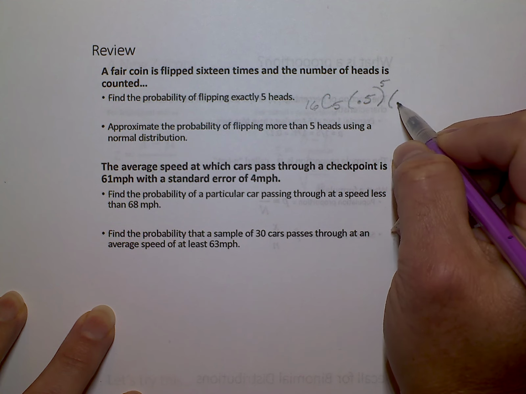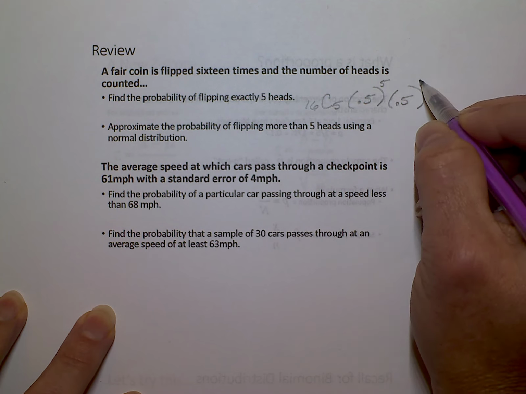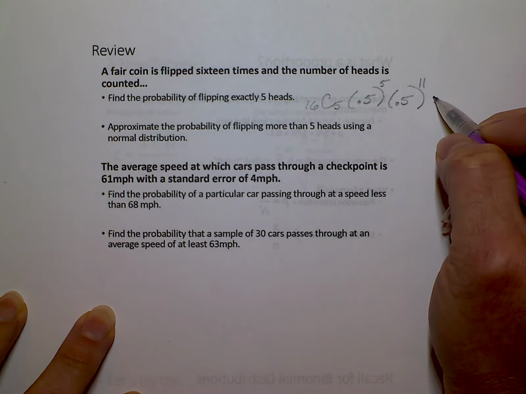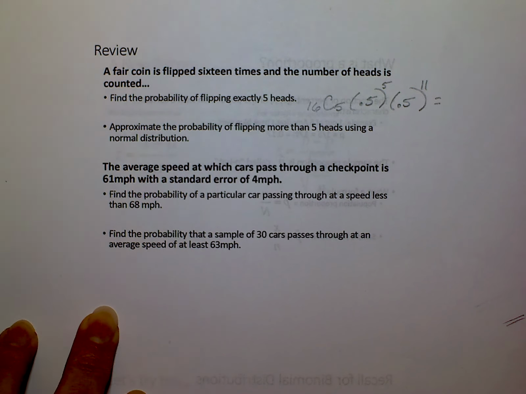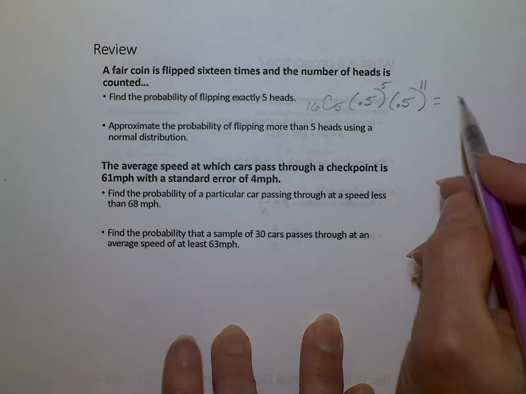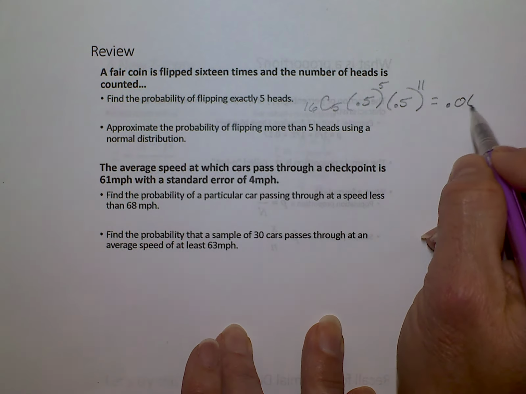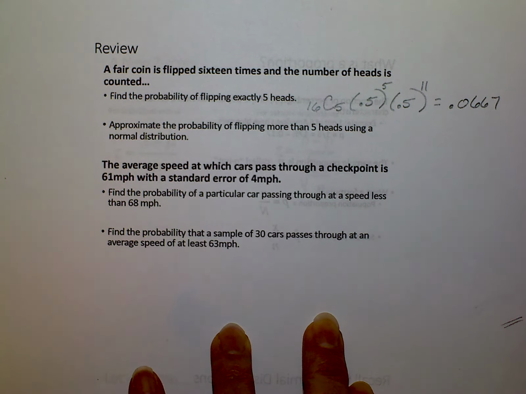The probability of not flipping a head is 0.5, and we want 11 of those. So that's this situation, and I need to toss that in a calculator. It's 0.0667 basically. There's that probability.